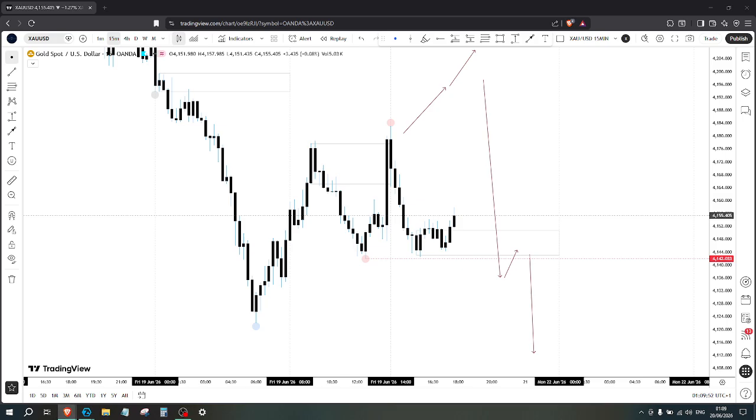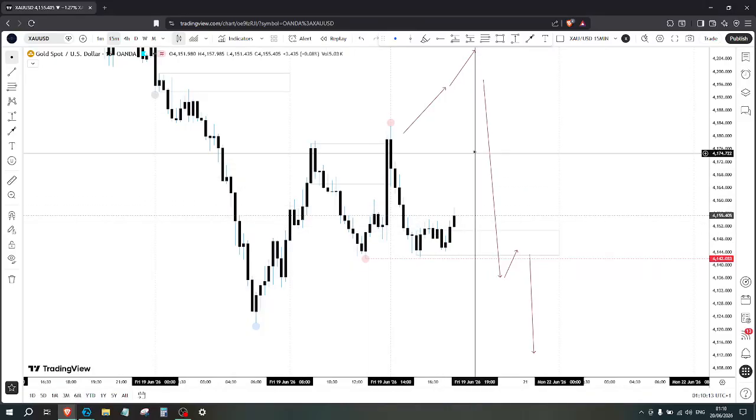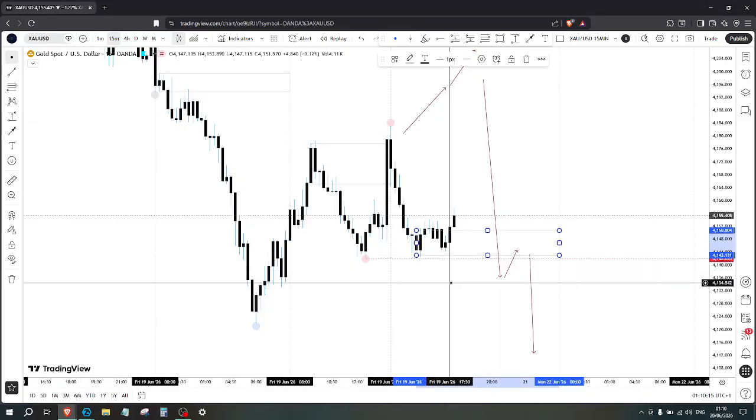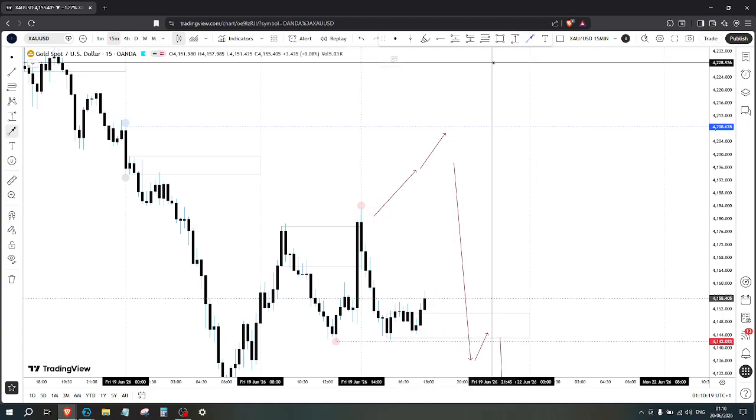So it's like I say on the ancillary delta footprints. Discovery: price must revisit delta or the zone once discovery is complete. If the discovery is not complete, delta won't be revisited. So we need breaches. We need, like I said, discovery.